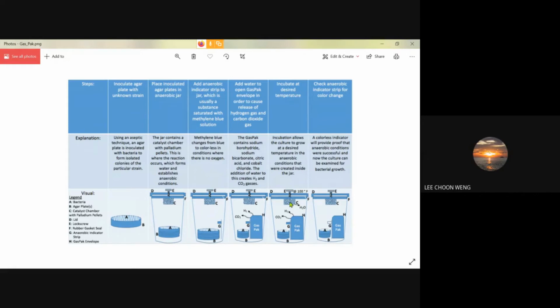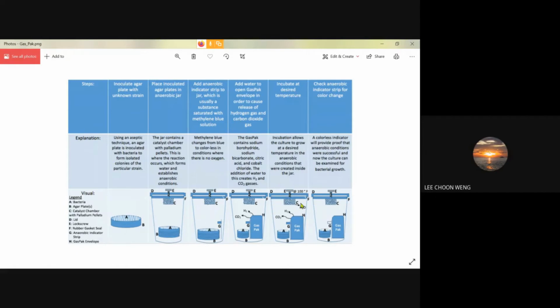So that's why when we are activating the gas pack, make sure you don't do this near the flame because hydrogen is dangerous. You activate it and quickly put it in the anaerobic jar. That's why sometimes after incubation you'll see water vapor at the side. It's okay.